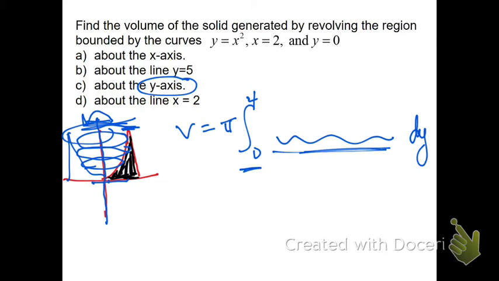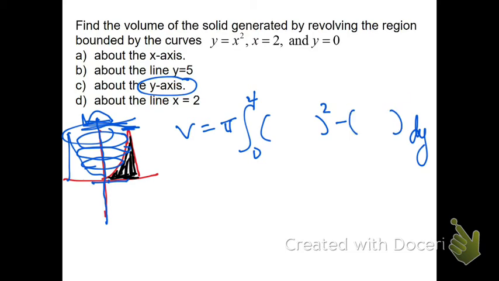So next question is there 1 R or 2? Well, is there any space between my shaded region and my axis of rotation? Yes. So that's going to be a 2 R problem. So it's big R squared minus little r squared. Now I have to rewrite my equation in terms of y. So we can't have it y equals x squared. We got to get x by itself.